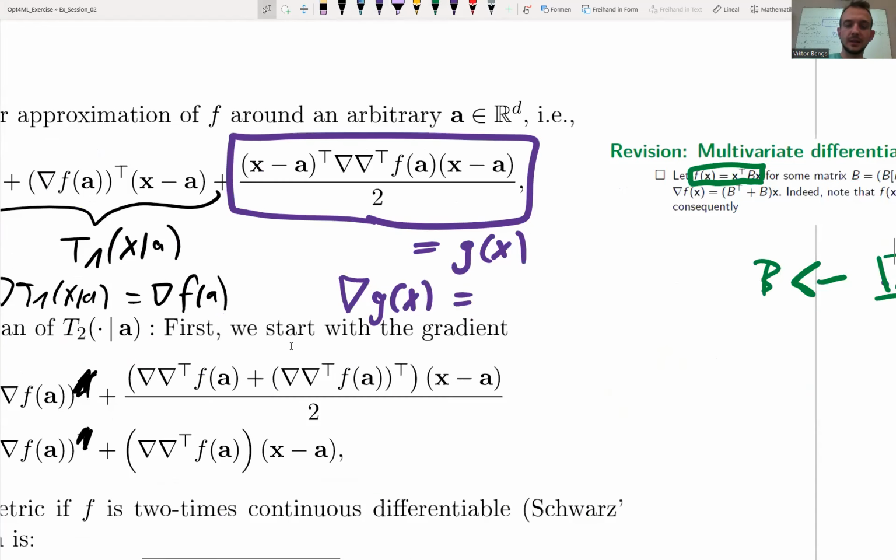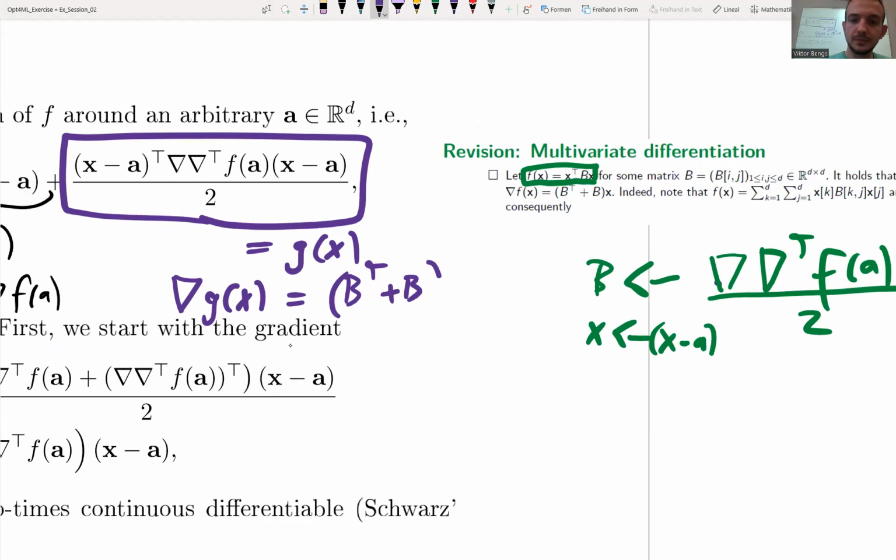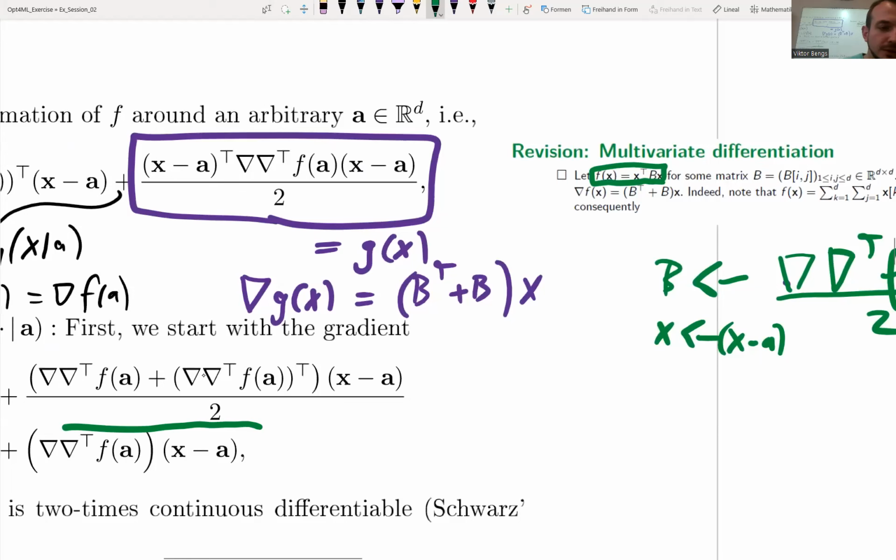So doing the same, making a substitution, x is equal to x minus a, we get here b transposed plus b times x, and now we do the substitution back, and if we do this, we end up exactly with this term here.